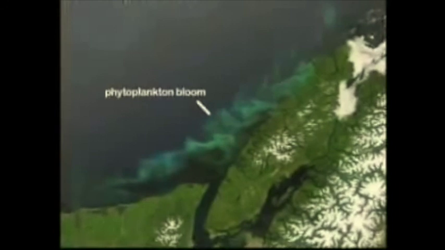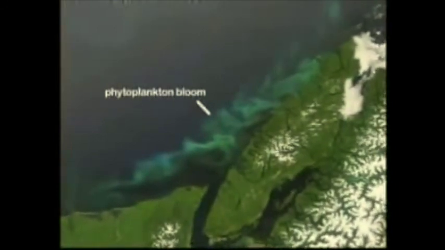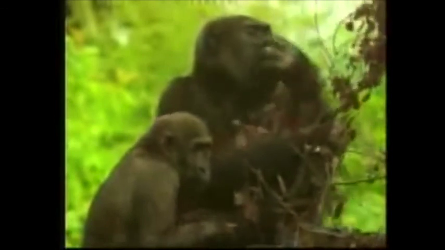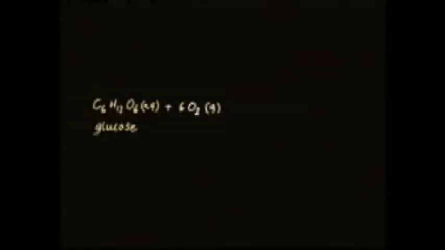Phytoplankton do the same thing in the oceans, using dissolved carbon dioxide. What happens to this carbon now locked up in organic molecules? Some is eaten by animals or humans, who break it down to carbon dioxide and water, releasing energy. This is the process of respiration.